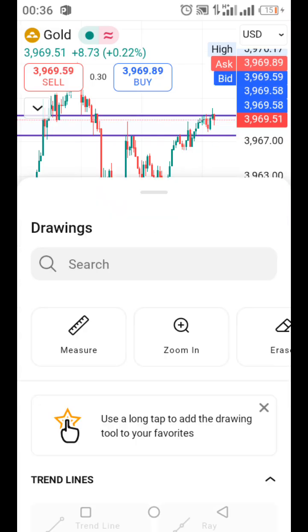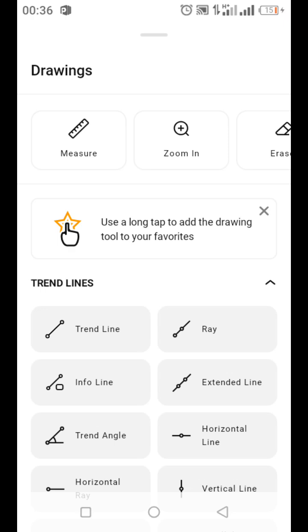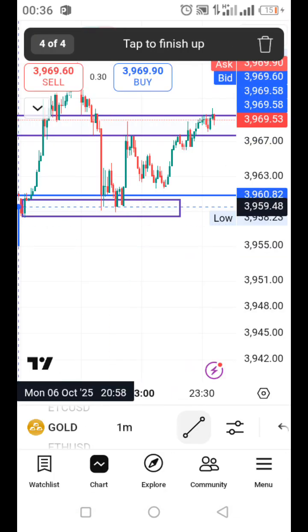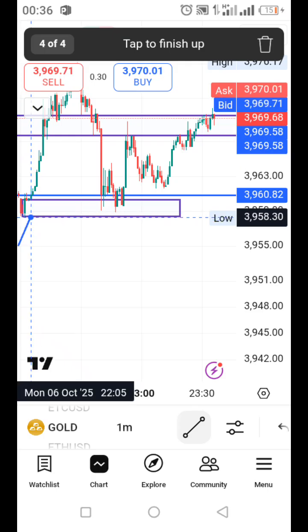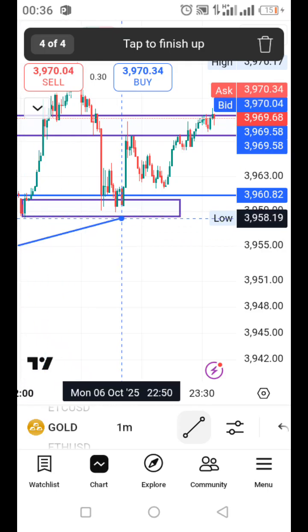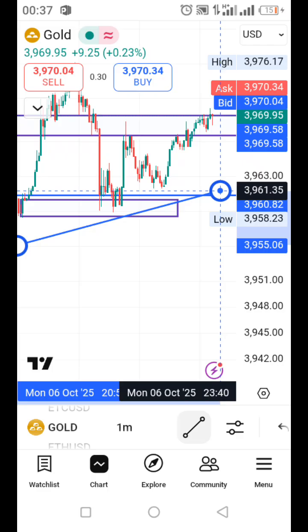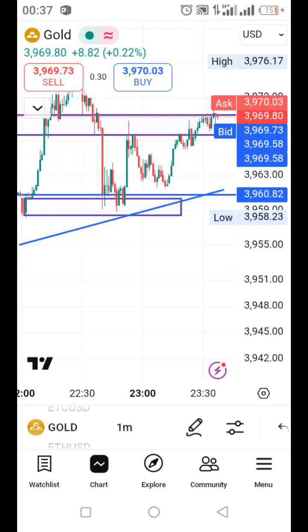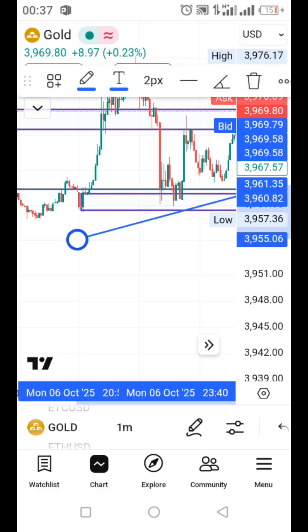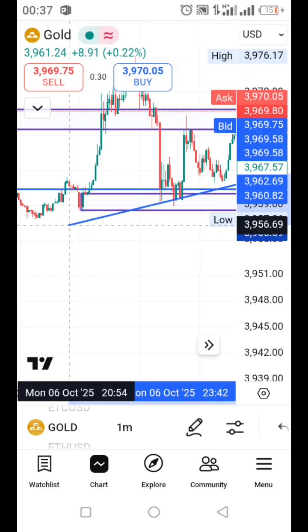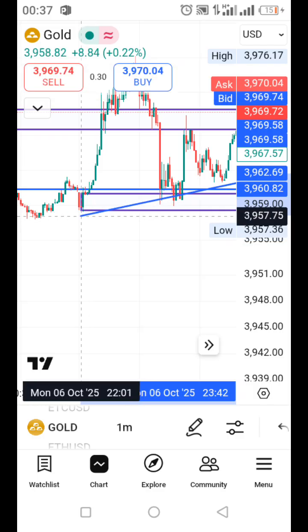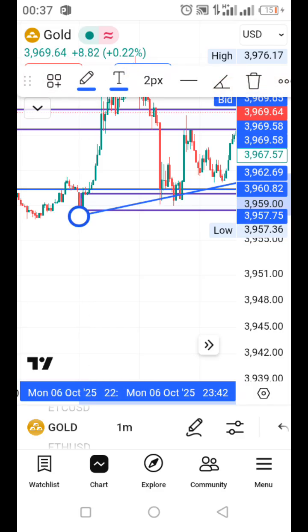Like I said before, you bring your trend line from this region, from the beginning of the zone where the price made the impulsive movement.